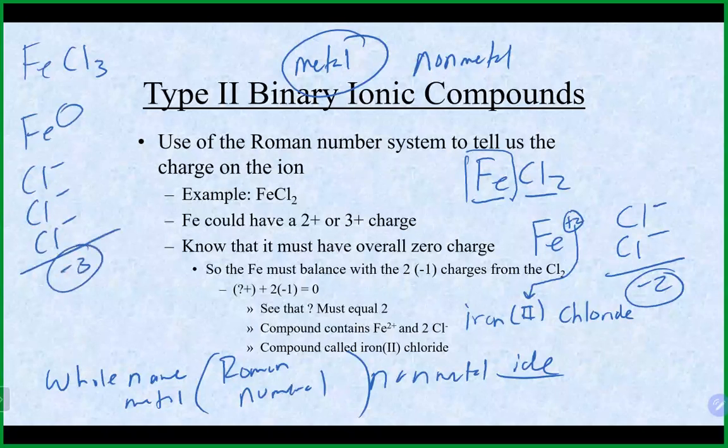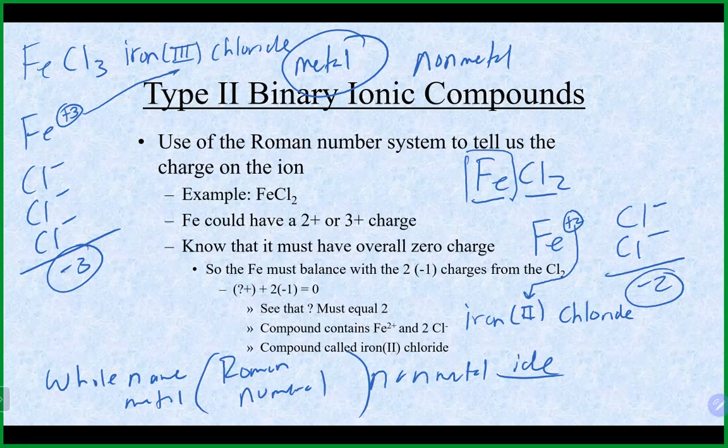In this case, the iron actually would carry a +3 charge. And that means that this guy's name would be iron Roman numeral 3 chloride. Again, the 3 because of the charge. So it's important to figure out the charge and use the Roman numeral because it tells everybody what the charge on the metal is.